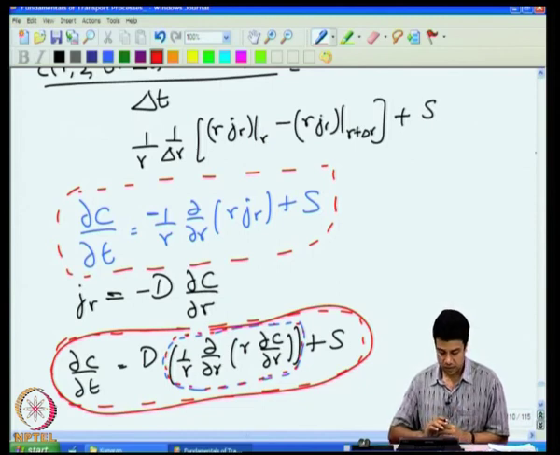And this more complicated form 1 over r d by dr of r dc by dr takes into account the fact that in a cylindrical coordinate system the surface area is changing as the position changes. Okay. So, that is the reason for a more complicated form in a cylindrical coordinate system.